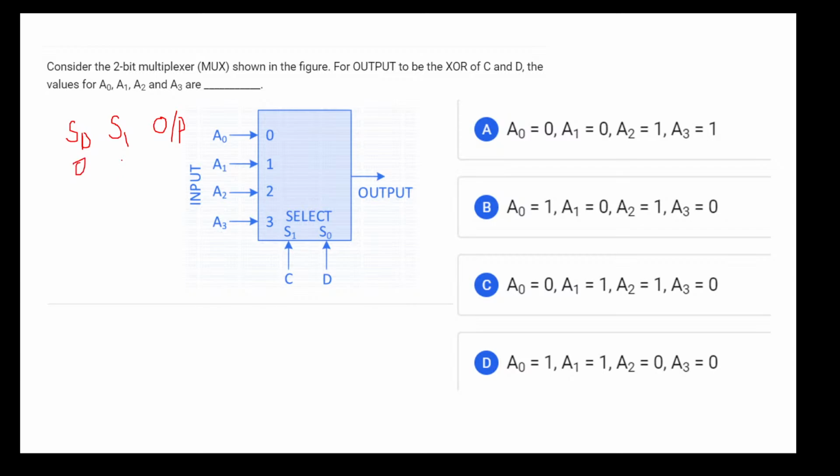When both select lines are 0, 0, the output is I0. Then the next combination is 0, 1, then 1, 0, and the last combination is 1, 1. Each combination gives the output I0, I1, I2, and I3 respectively. This is the simple truth table, and from it I can write an equation.